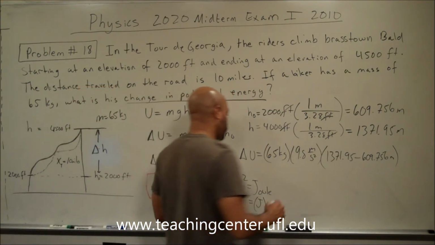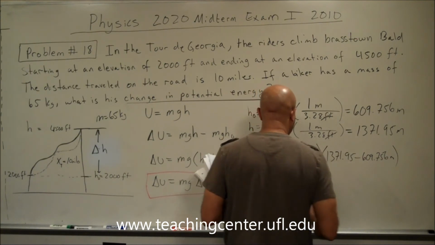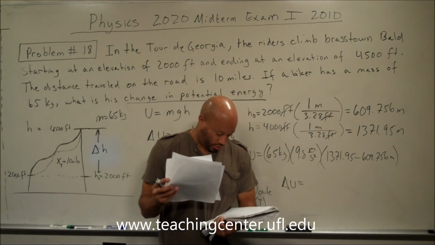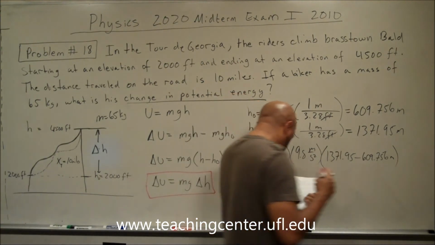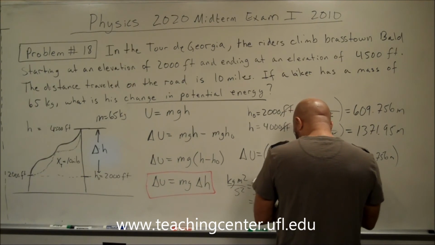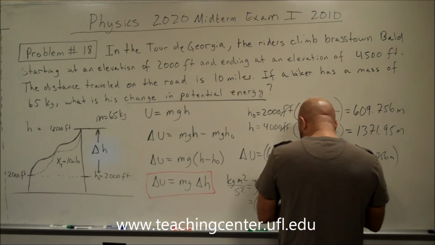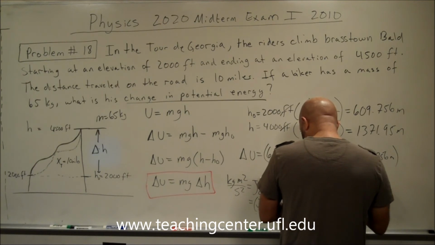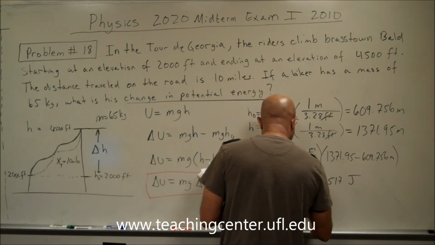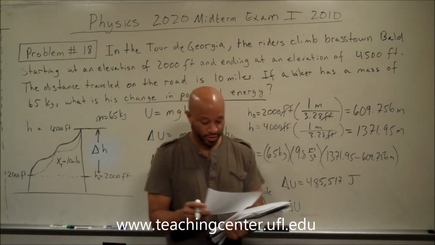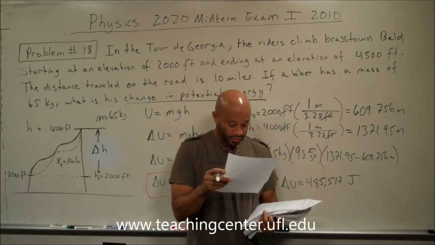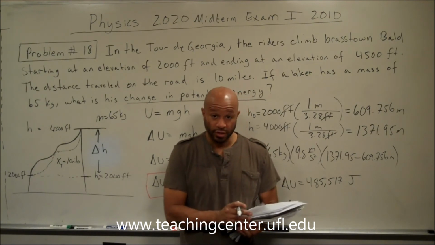When you work out the calculations, the change in potential energy is 485,517 joules. So we look on our answer sheet for number 18, and we don't have anything that fits that answer, but we do have 485 kilojoules.